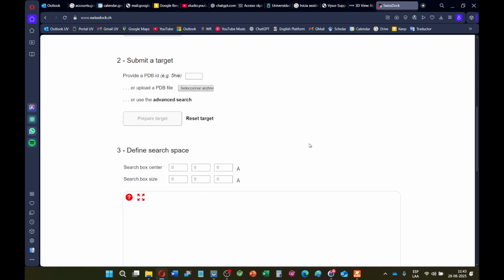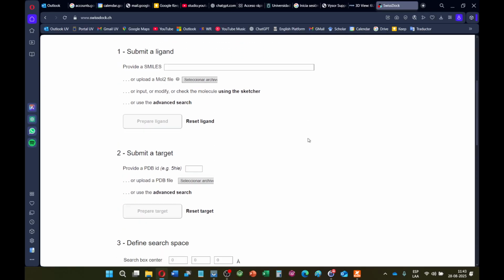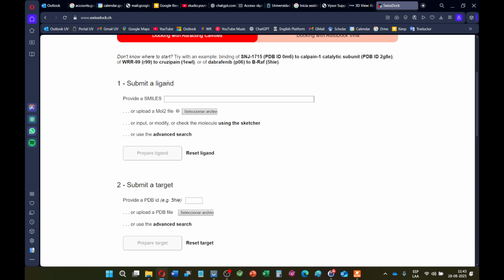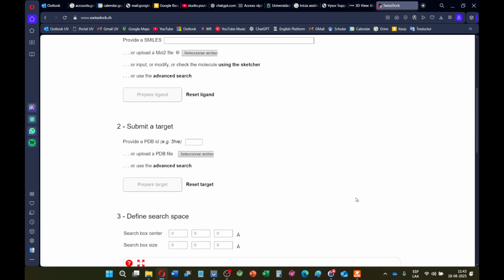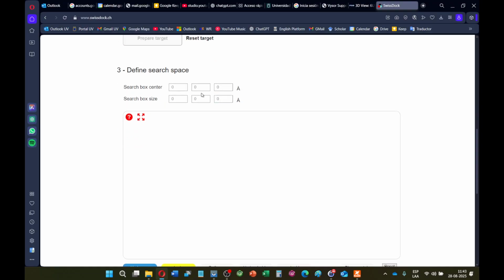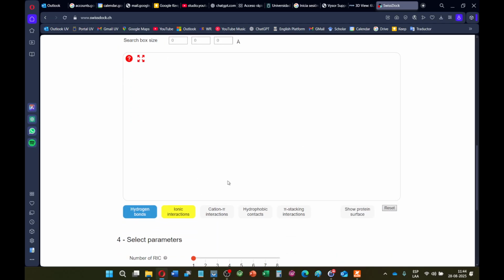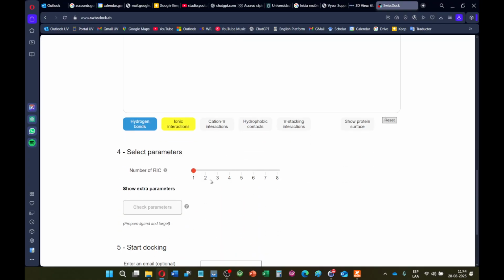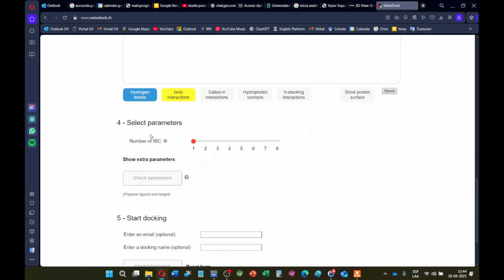It is then SwissDock. You enter the link in SMILES code, enter the PDB code of the protein you want, and you have to define the box that is going to load here. You move these numbers so that it reads where the docking should be done, not anywhere. Then, to configure, one can leave several of these things by default.